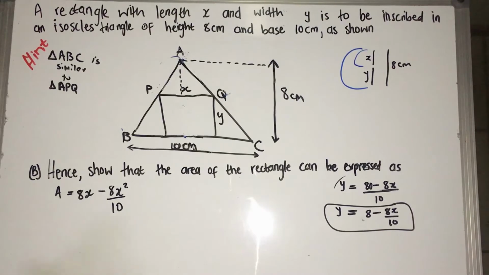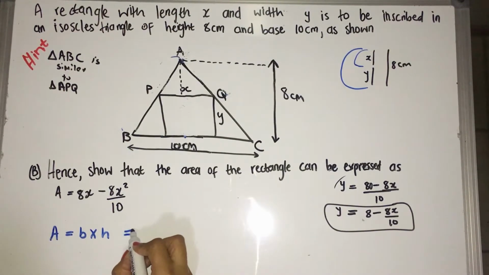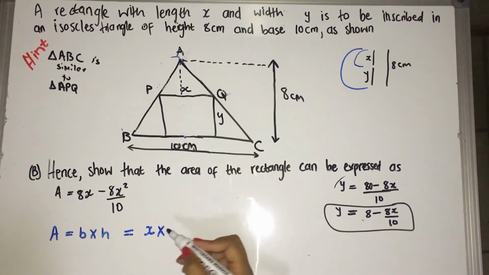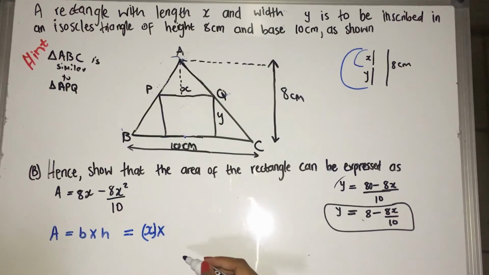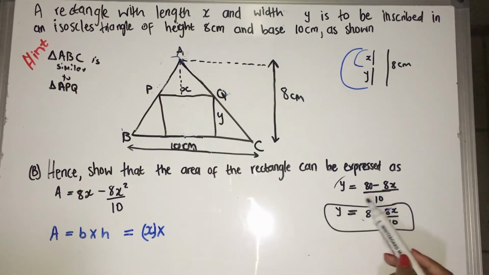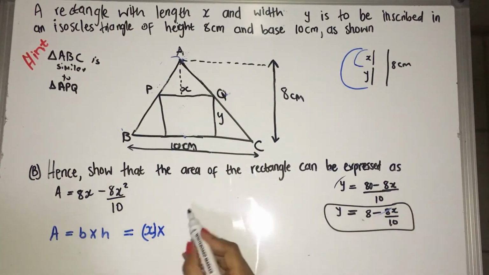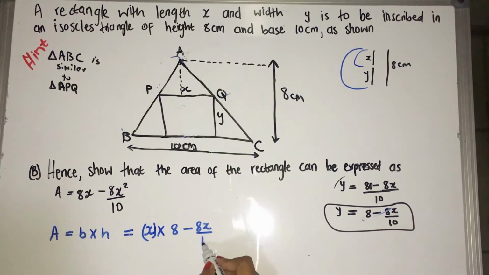So the area, the first thing is A is equal to the base times height. The base here is our x, multiplied by the height, which is y, which is 8 minus 8x over 10.